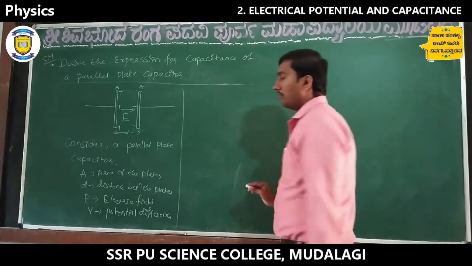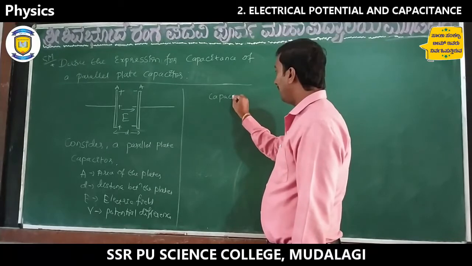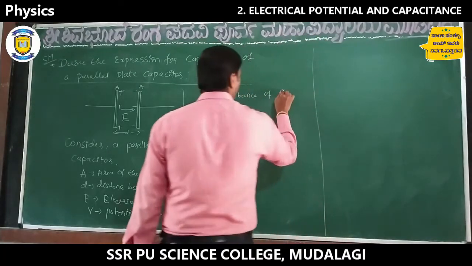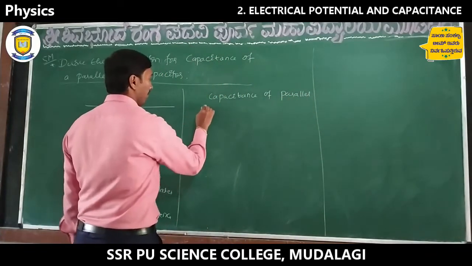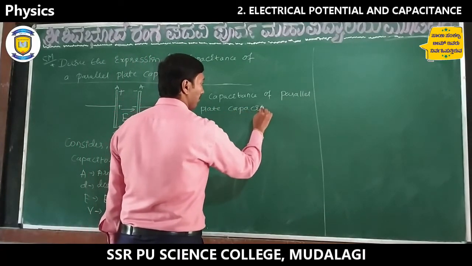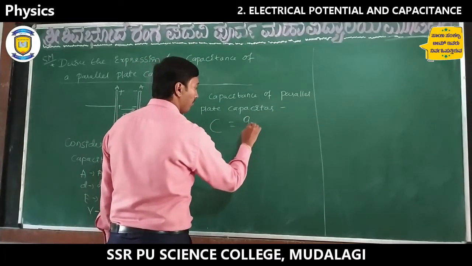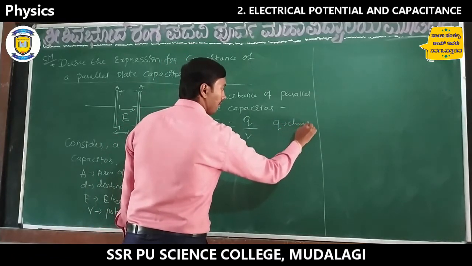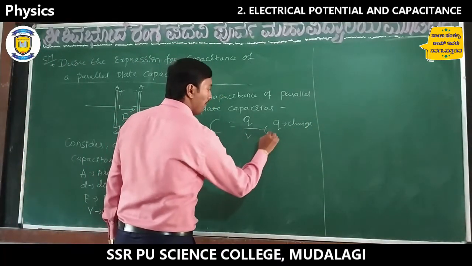First of all, the capacitance of a parallel plate capacitor. First step: C is equal to Q by V, where Q is the charge and V is the potential difference. This is equation number 1.